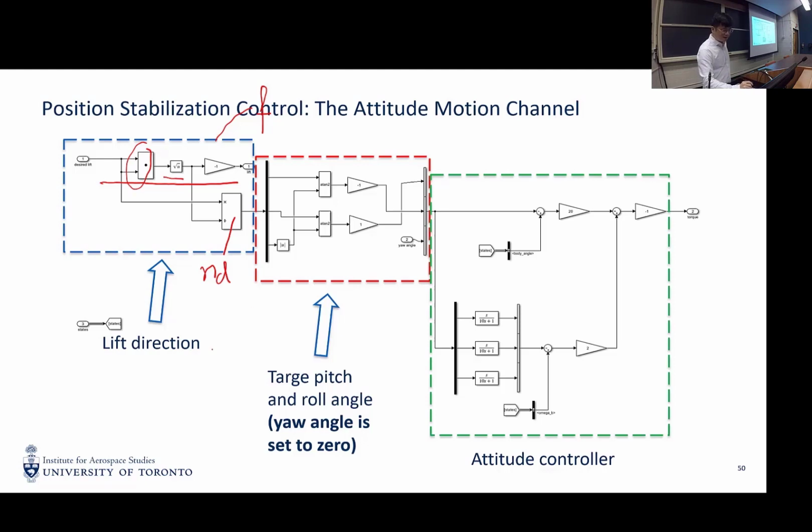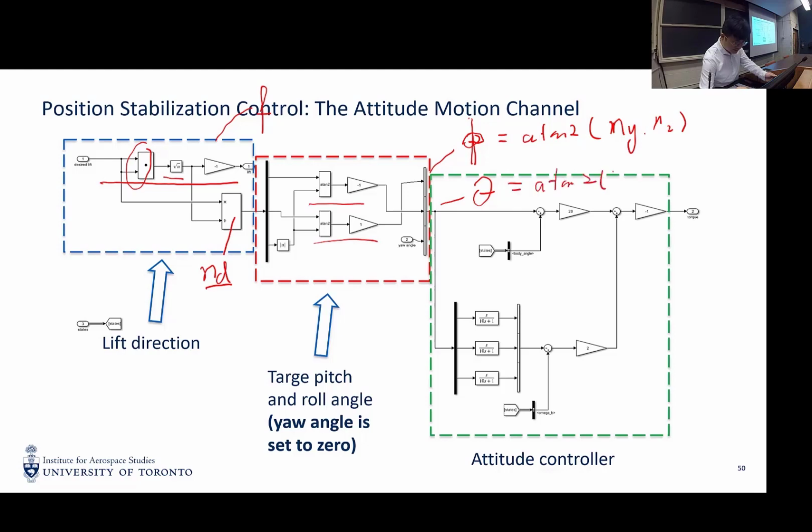And same here, but something is different. As you can see, we have 2 arctangent2 blocks. So basically it means that in the phi channel and the theta channel, we use the arctangent2 of n's. So phi is like the arctangent2 of n_y and n_z.